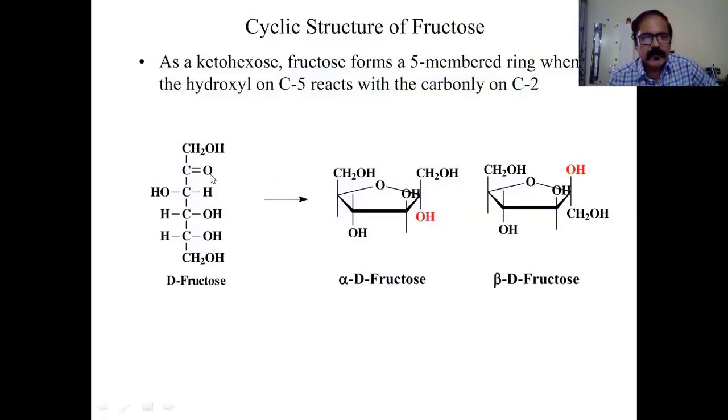When bond formation takes place at the second carbon, this oxygen can remain on the right hand side. If it remains on the right hand side, it goes down, and we will call it alpha. And it can be pushed towards the left hand side. When it is pushed towards the left hand side, it will come on the top, and we will call it beta. So when intramolecular cyclization takes place, you will get 2 compounds, one alpha and one beta.